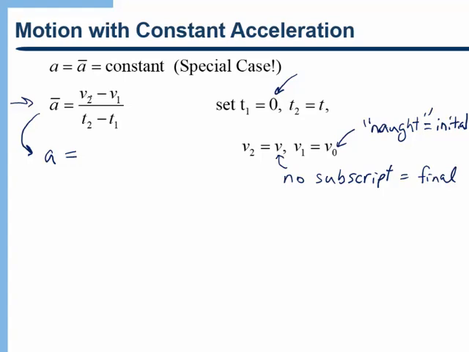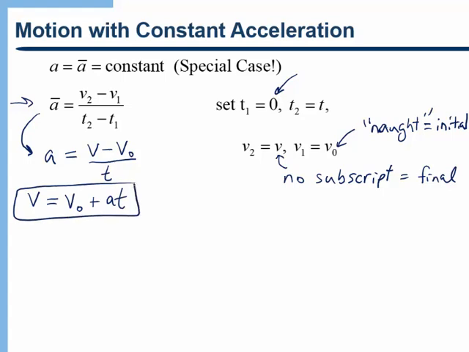So instead of v2 minus v1, that would be v minus v naught, so final minus initial. And then t2, we're just going to write as t, that's the final time, and we're assuming the initial time is 0. Doing a little bit of algebra to rearrange that, I get that v is equal to v naught plus at. And that is our first kinematic equation.